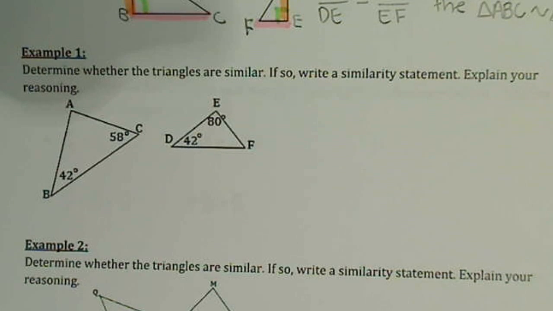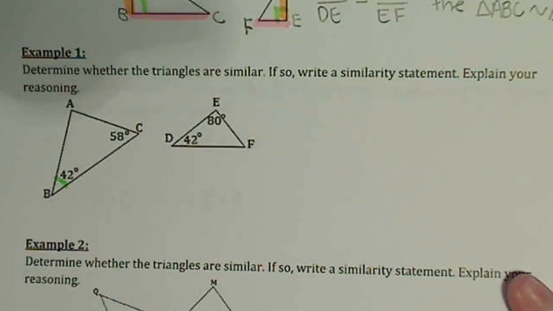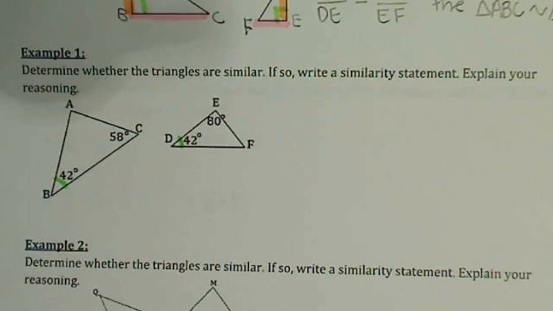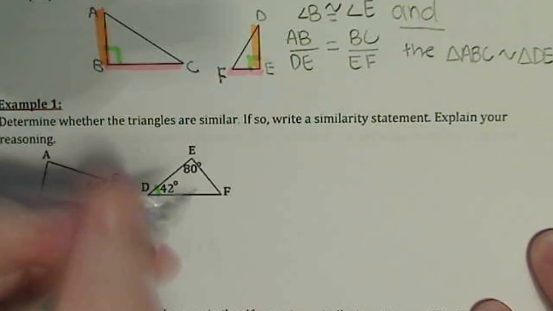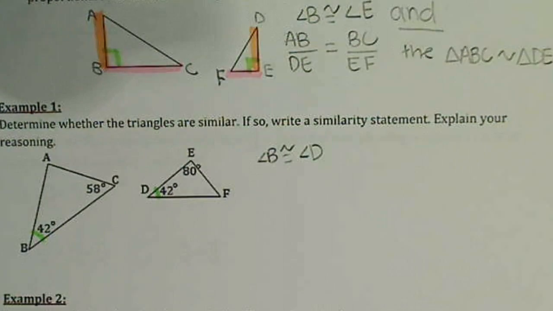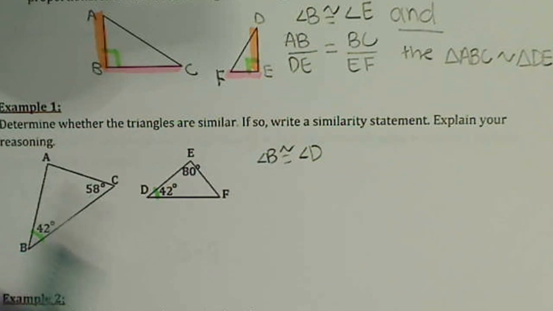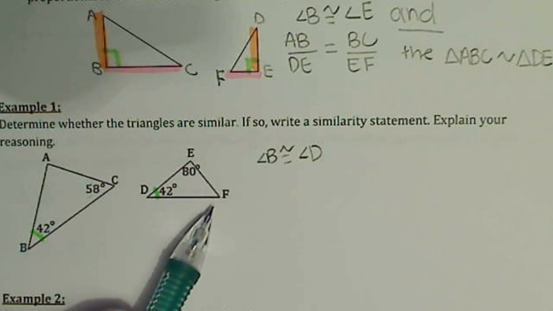So, what I see is angle B is congruent to angle D. Now, I need two angles, though, to prove that these are similar. I know angle B is congruent to angle D, but these two are different. So maybe one of these missing angles can match up.